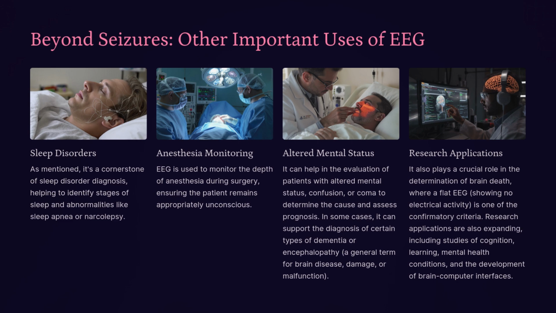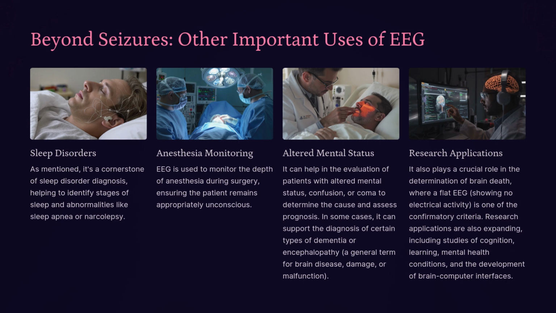Beyond seizures, other important uses of EEG. While EEG is famously used for epilepsy, it has many other uses. As mentioned, it's a cornerstone of sleep disorder diagnosis, helping to identify stages of sleep and abnormalities like sleep apnea or narcolepsy.